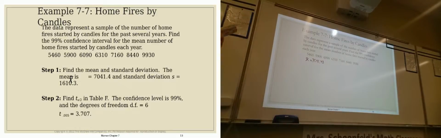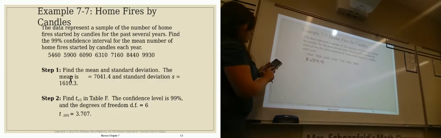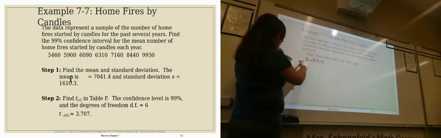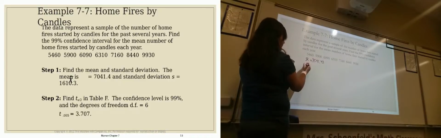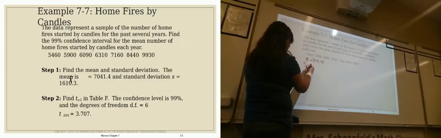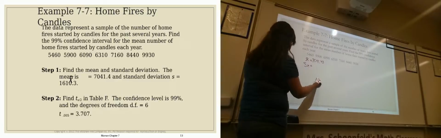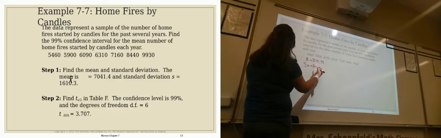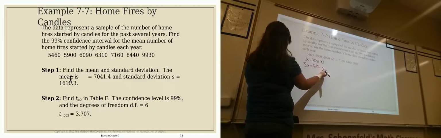What is the other piece of information I need for this formula? I have to find my standard deviation. X bar looks like x bar; the standard deviation looks like Sx in the calculator, and that is 1610.27.